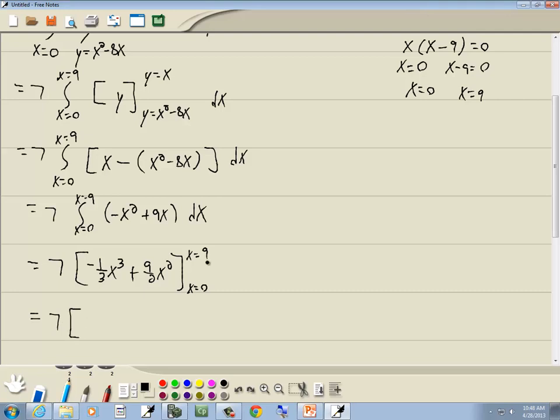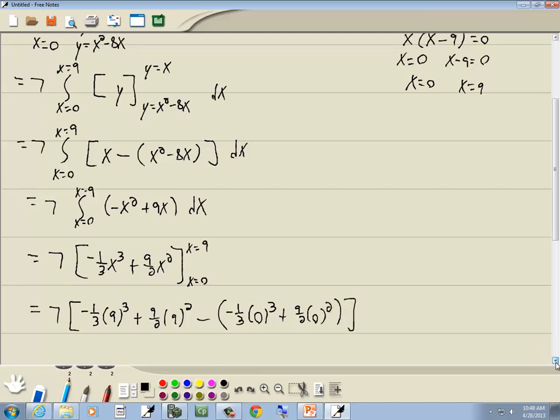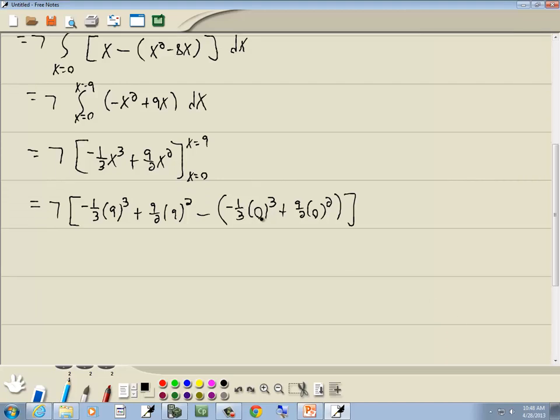And now plug in the 9 for the x, so I got negative 1/3 times 9 to the third plus 9/2 times 9 squared, minus, I put parentheses here because that affects the sign of everything that follows it. I put 0 in for the x, so I got negative 1/3 times 0 to the third, plus 9/2 times 0 squared. Well, these zeros all over here cause this last part to drop away.